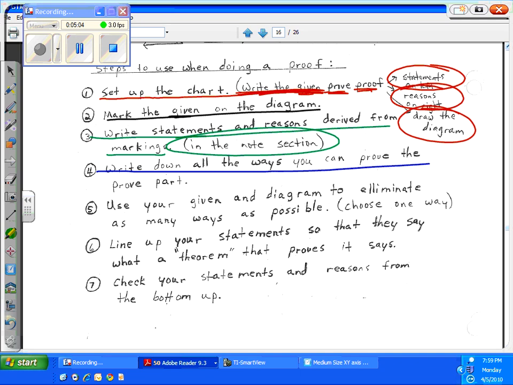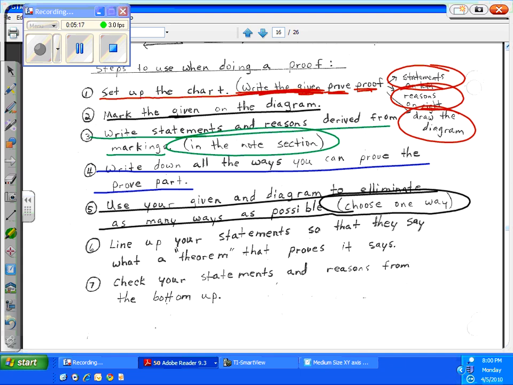We're going to think of all the ways, even write down all the ways, to prove the prove part. We're going to use the given and the diagram to eliminate as many ways of proving it as possible and try to narrow it down to one way.